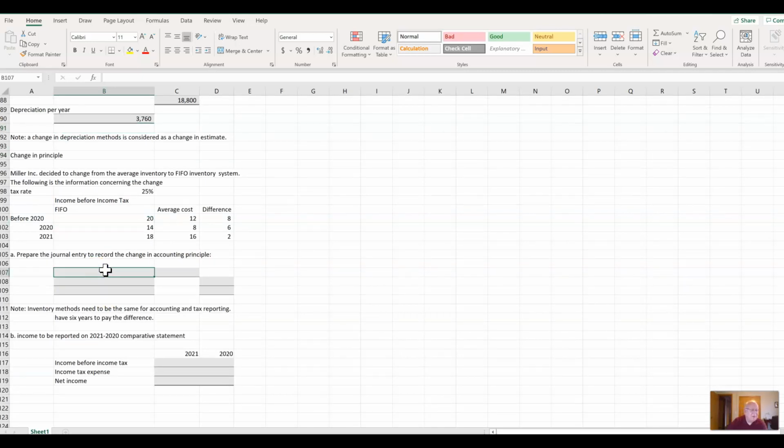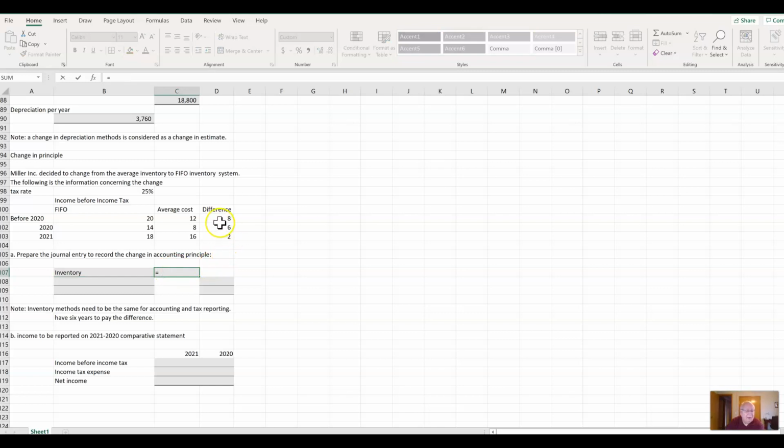Well, the first thing we'll do is debit inventory for the 8 plus the 6, because we need to increase our inventory by 14 million. And then income tax payable, because it's going to increase our taxes, because it makes it retroactive, and that's equal to the 14 million times the 25%, which would be 4 million.